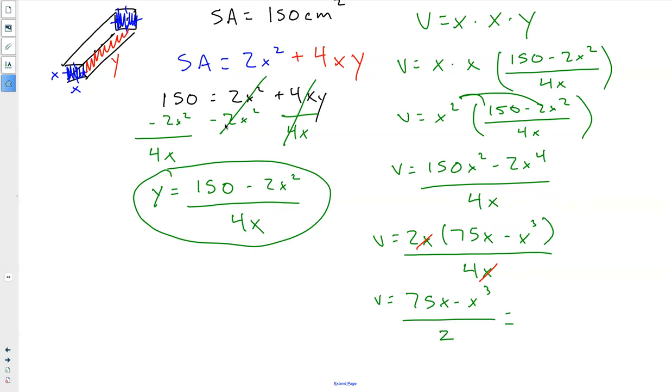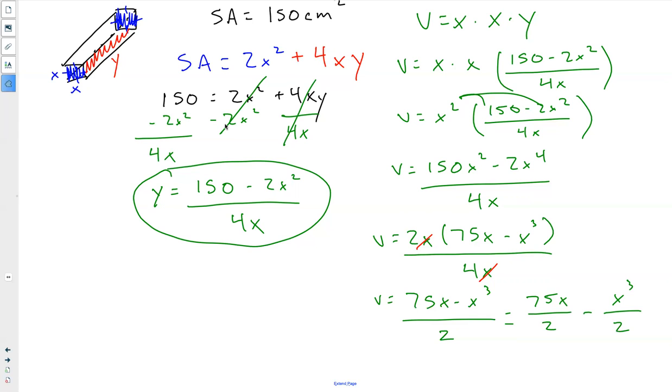If you want to simplify it any further, this can expand to 75x over 2 minus x cubed over 2. Okay, so once we have simplified that, let's go ahead and find our first derivative.